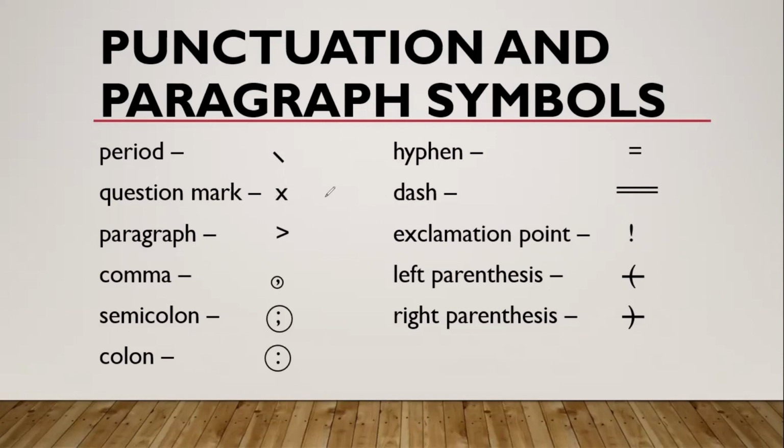So, alam naman natin na kapag question mark, gumagamit tayo nito kapag nag-a-ask tayo ng question. Question mark, ang symbol na gagamitin natin ay X, like the X symbol, okay? So, kagaya sa period, you will also write it like this. So, maliit lang siya na X.